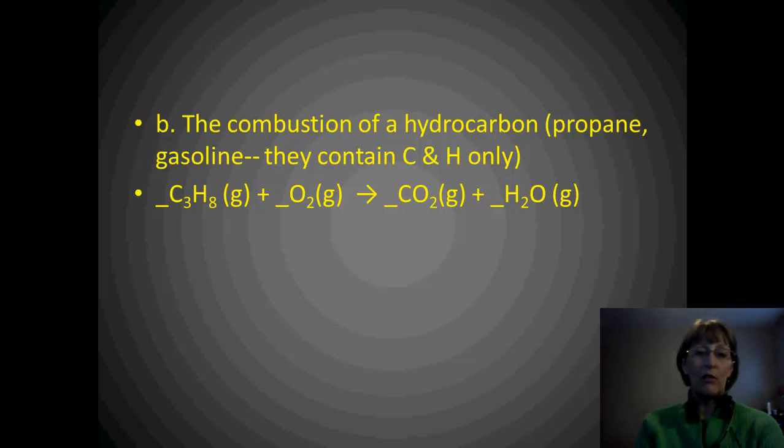So in this case, you have C3H8, that would be propane, and you combine it with oxygen, and you're going to get as products CO2 and water. And what's cool about these is you always get carbon dioxide and water. Doesn't matter if it's C3H8 or C4H10, doesn't matter.